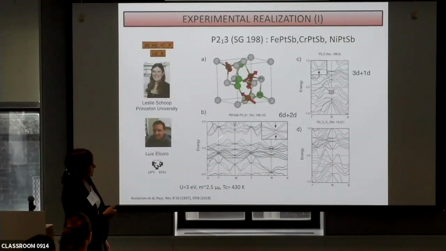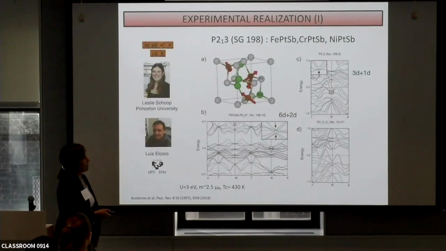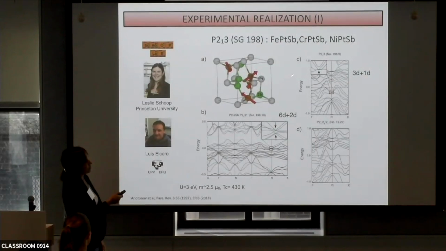This is the band structure. We have these 2 6-folds for the paramagnetic phase close to the Fermi level, and when we let the iron magnetize, the 6-dimensional E rep splits into a 3-dimensional E rep plus 1, as we can see here.